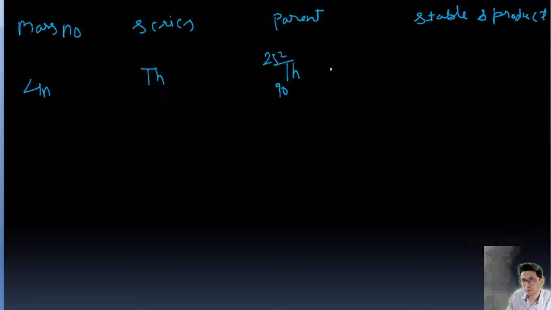It decays and makes the stable product, which is lead 82, 208. So this is the 4n series.